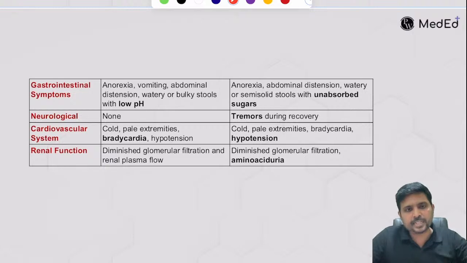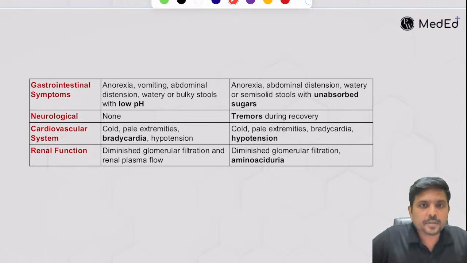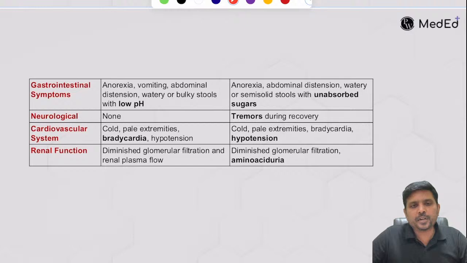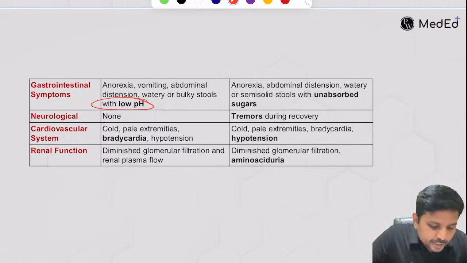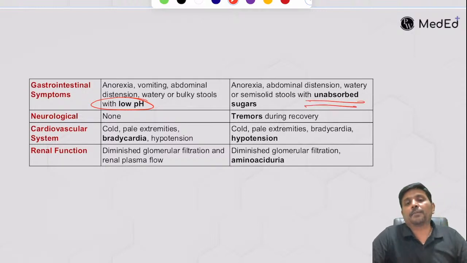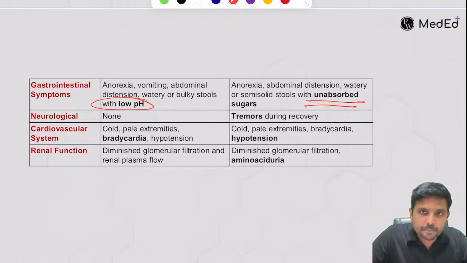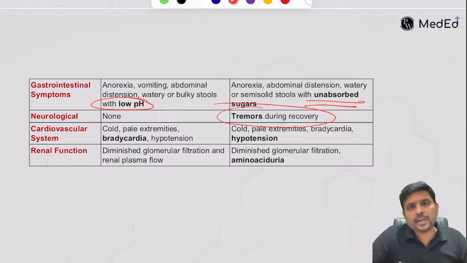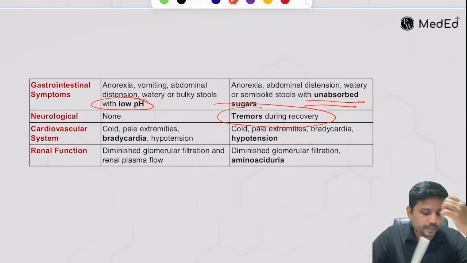Gastrointestinal symptoms. Yes, in case of marasmus, because of the poor absorption, you will get bulky stools, which in turn are broken down by intestinal bacteria, leading to acidic stools. Whereas in case of kwashiorkor, you will get unabsorbed sugar, which in turn is acted upon by the intestinal bacteria to produce gas. There will be neurological manifestations like tremor in nutritional recovery syndrome if it is associated with kwashiorkor.